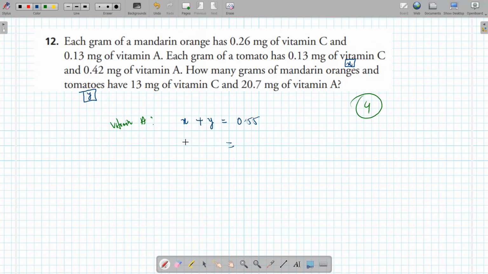The next equation will be what? X plus Y equals what?